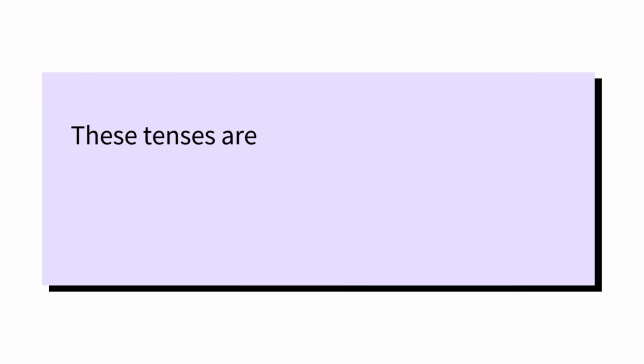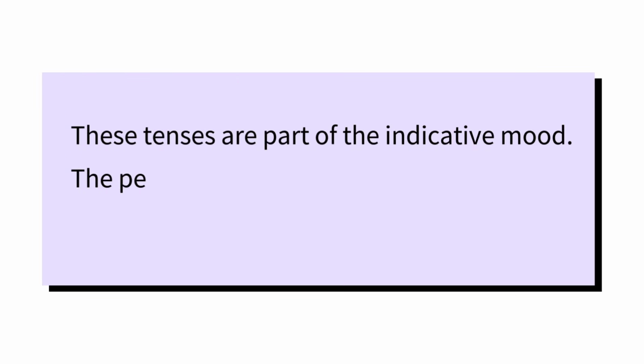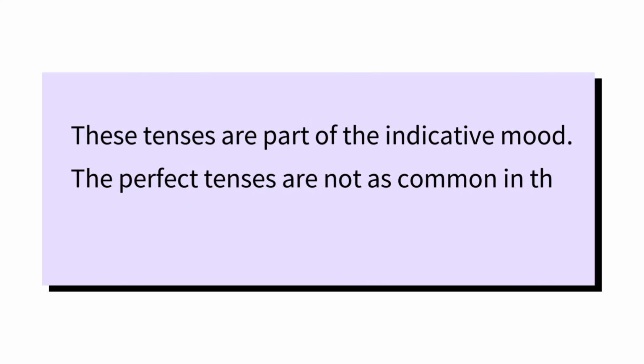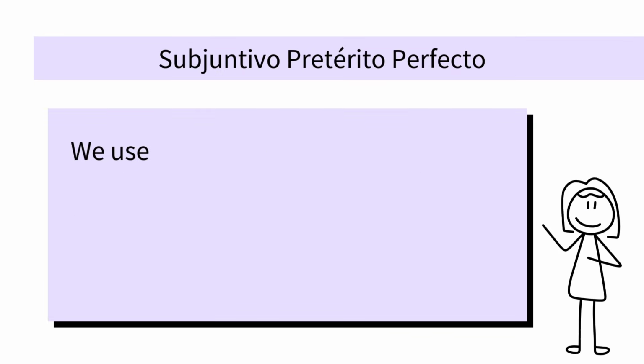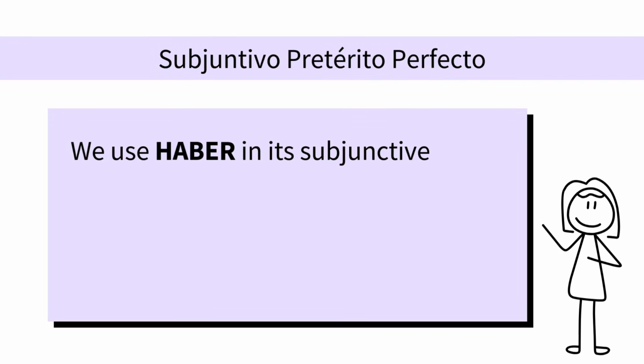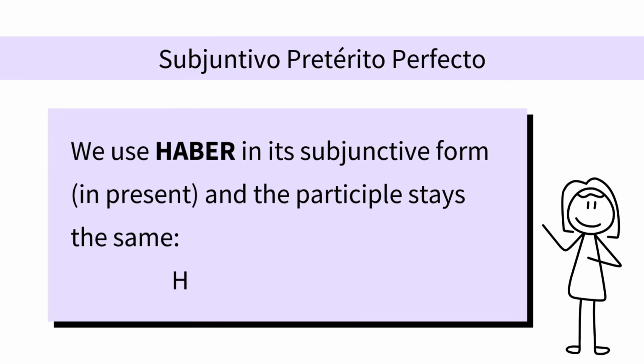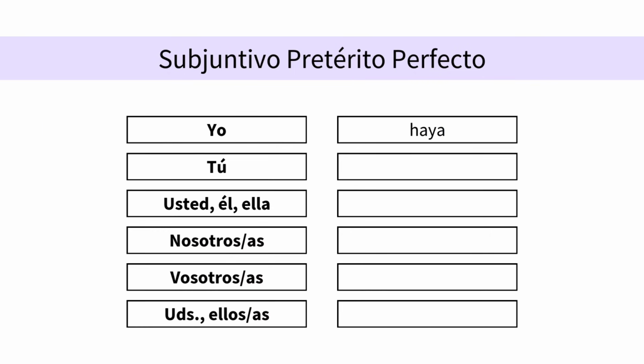These four tenses we've seen come from the indicative mood. We could also use the compound tenses in the subjunctive mood, but it's rare. The one that's most commonly used in the subjunctive mood is the present. The verb conjugations of haber for the subjunctive mood is haya, hayas, and then we're going to use haya again for usted, él, or ella.